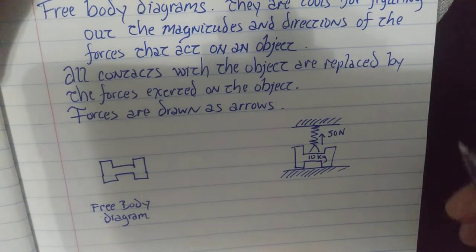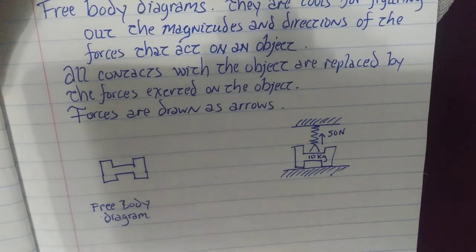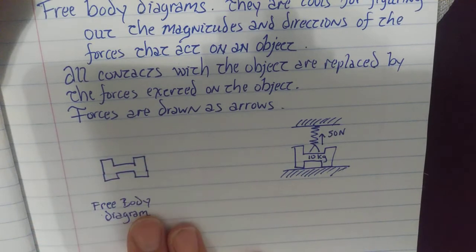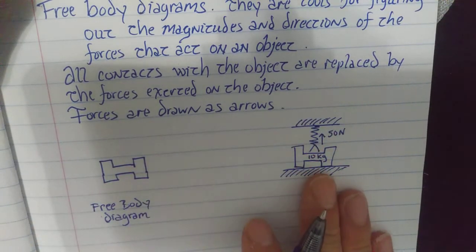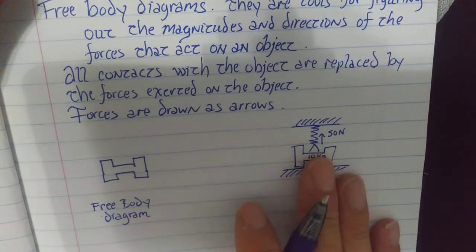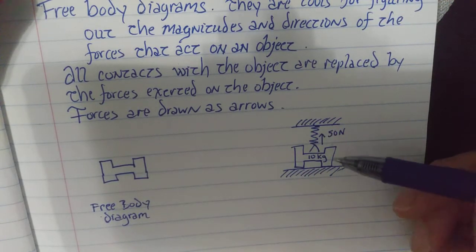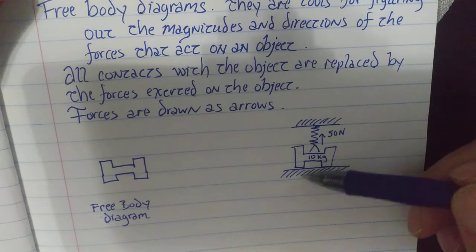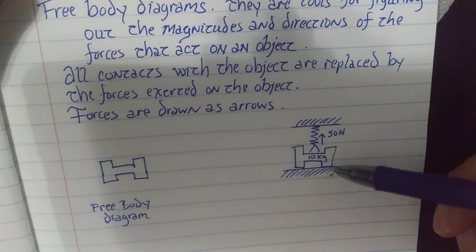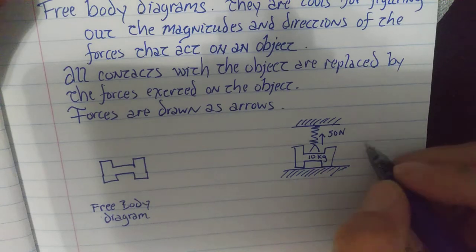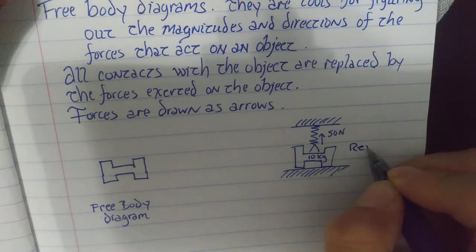All right. So this is what's happening in real life, and this is like the engineer's drawing. What we have to do is figure out the forces on this thing. What forces are acting on this object in real life? Well, we've got a spring holding it up with 50 newtons. We have some type of weight coming down. We're going to have to figure out the weight of this. This is some type of dumbbell. But this is the real object.